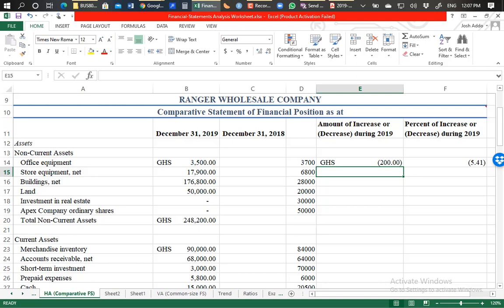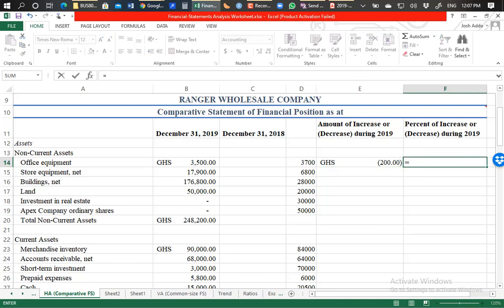The percentage change is the same way: the change divided by the old figure, 2018. If I want to see it in percentage, I click on this percent sign. So that is it, and then you can do the dragging as I've shown you.